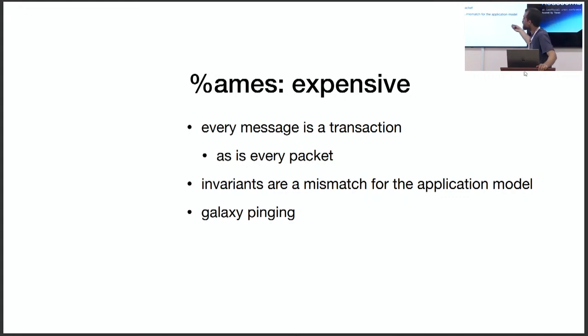It has really, really, really strong invariance. And the model is a total mismatch. For our current application model, and also for the future application models that we're thinking of to take further advantage of data dissemination. So it's a really, really strong, perfect castle in a place that nobody wants to live.